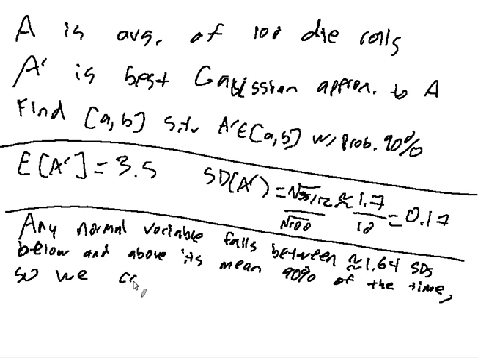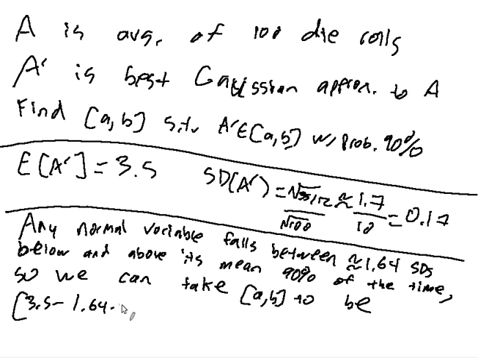So we can take the interval to be 3.5 minus 1.64 times 0.17 to 3.5 plus 1.64 times 0.17.